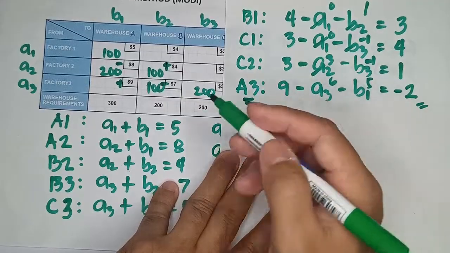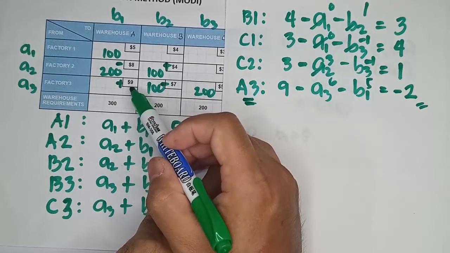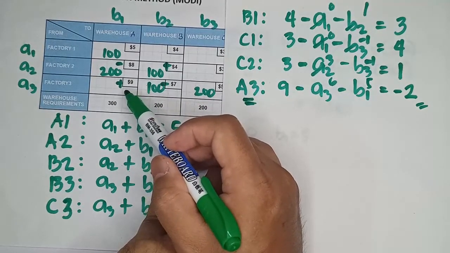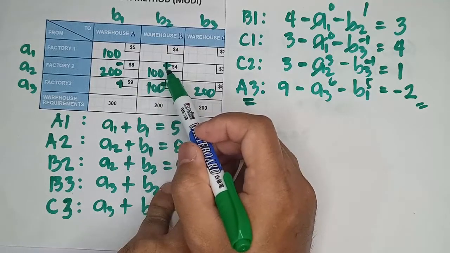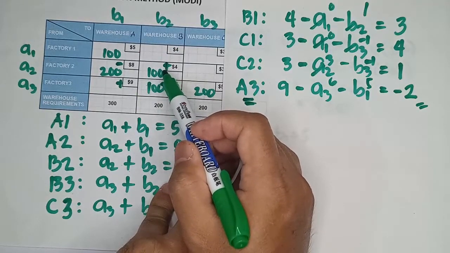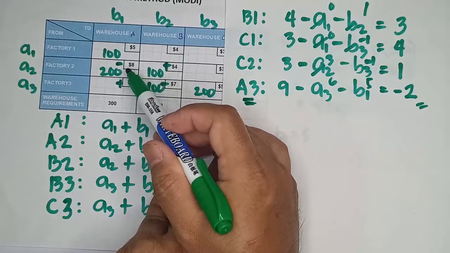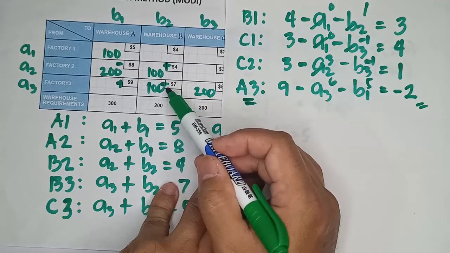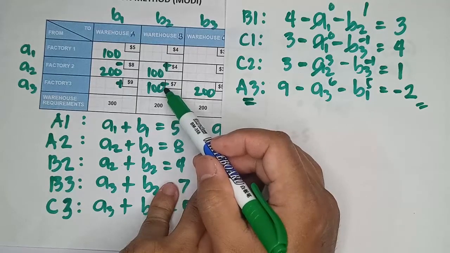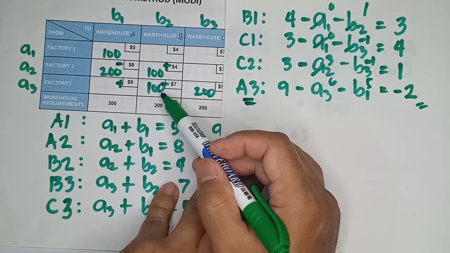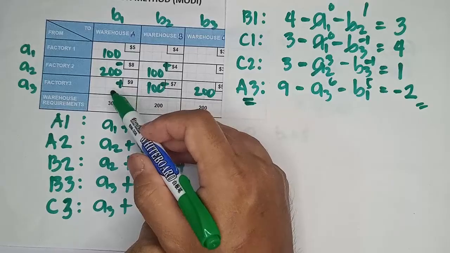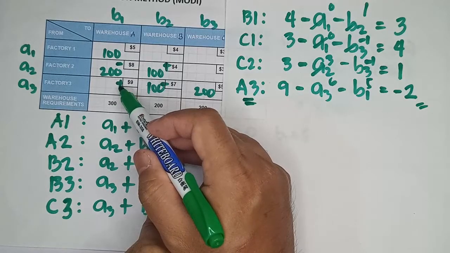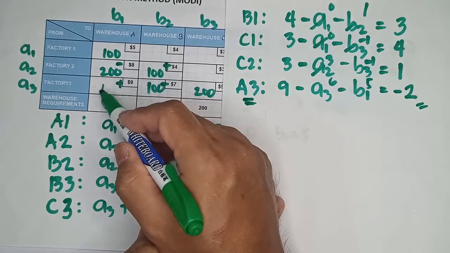So the takers for this loop are A3 and B2, and the givers are A2 and B3. Among the givers, the lower value allocated is equal to 100, which will be redistributed along the loop. On A3, the sign is positive, so it will take 100 units.